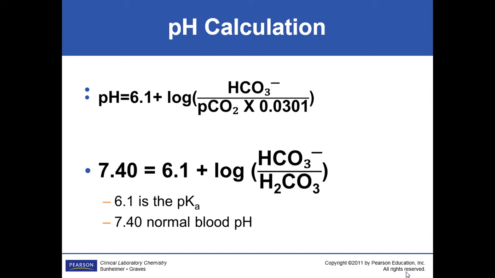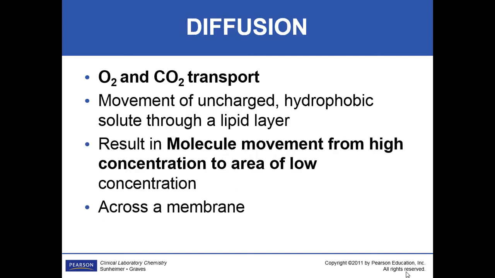Okay, 6.1 is a known plus the log of bicarbonate over carbonic acid. And hopefully it's 7.40. Think about gases. We're talking about oxygen and carbon dioxide transportation through the body, and you alluded a little bit to this back in hemo. In what area? These two components.